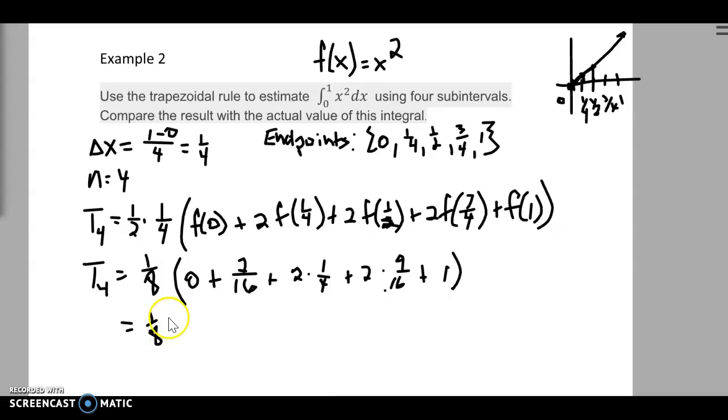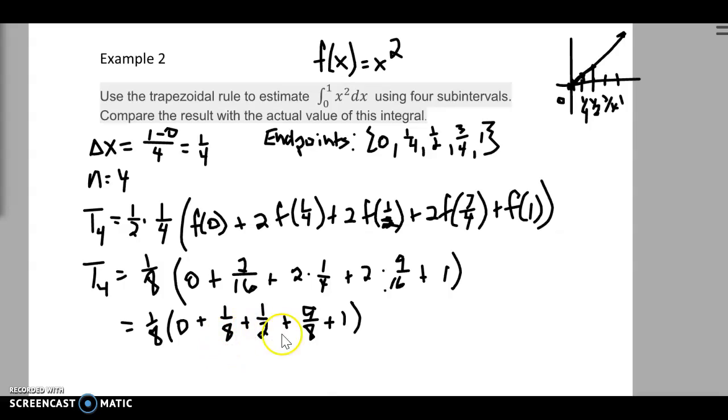Okay, so then 1/8 times 0 plus 1/8 plus 1/2 plus 9/8. Okay, plus 1.